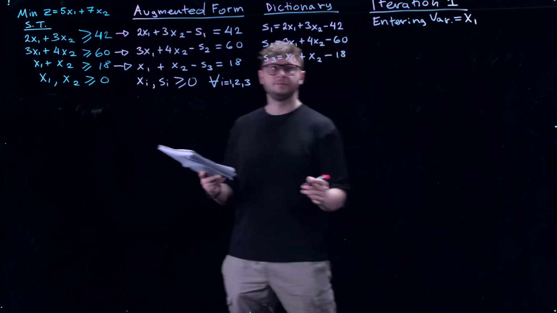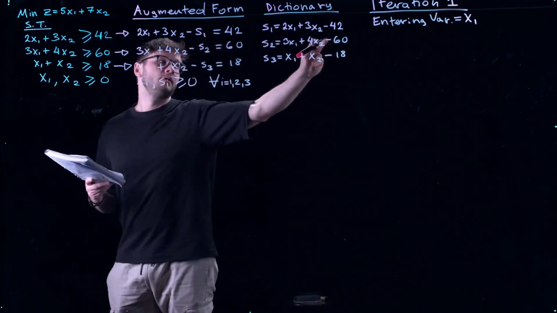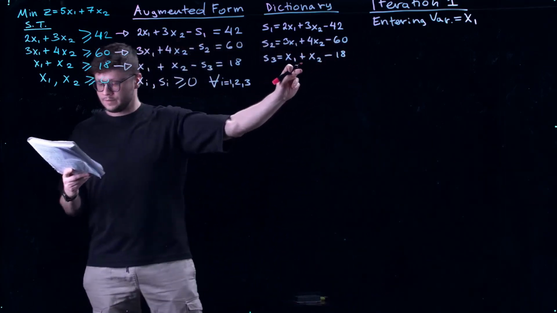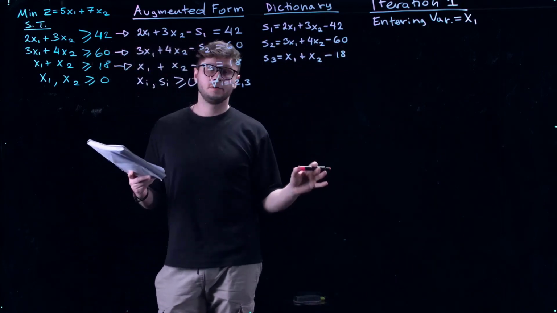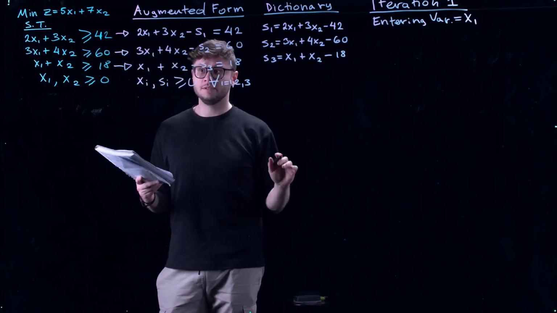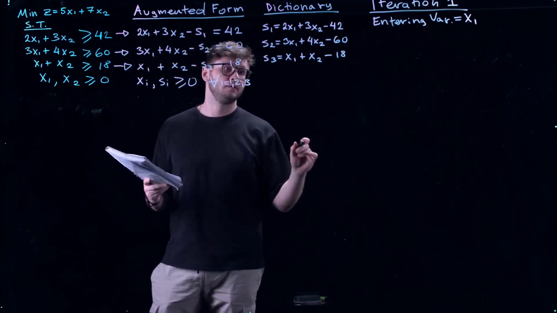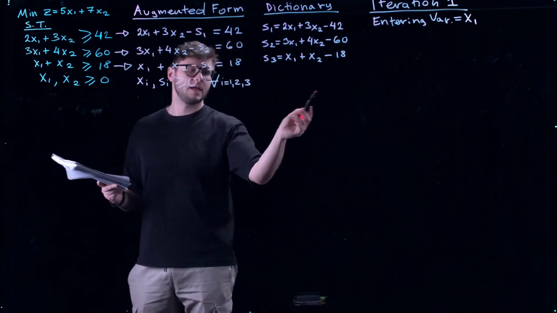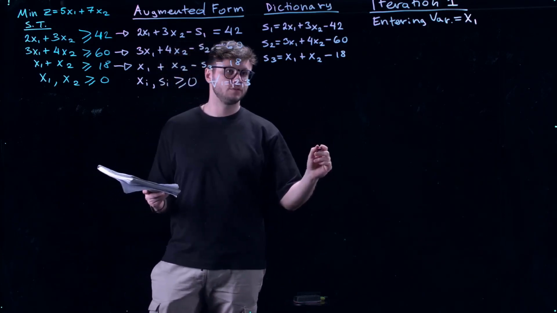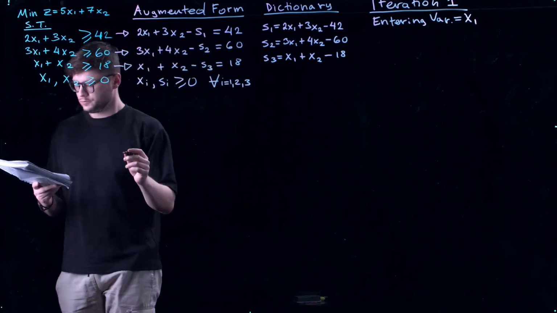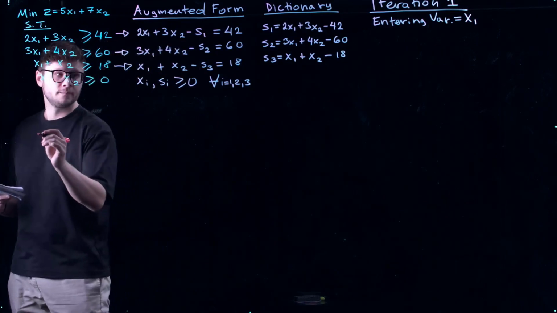So if we have our entering variable equaling x1 and all other non-basic variables still equal 0, x2 hasn't entered yet. It's just still equal to 0. We will have the following.